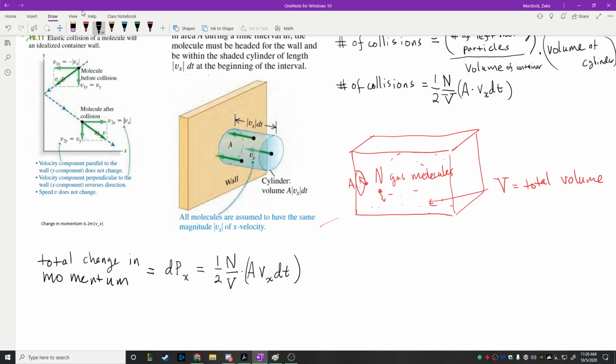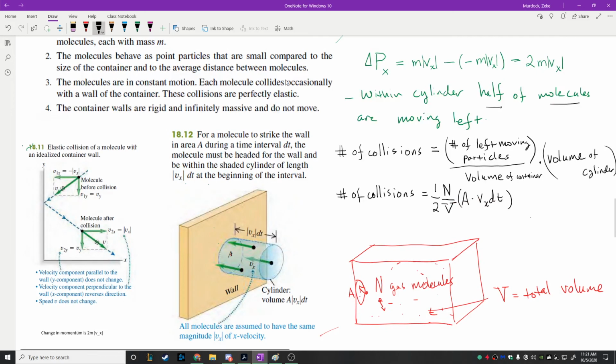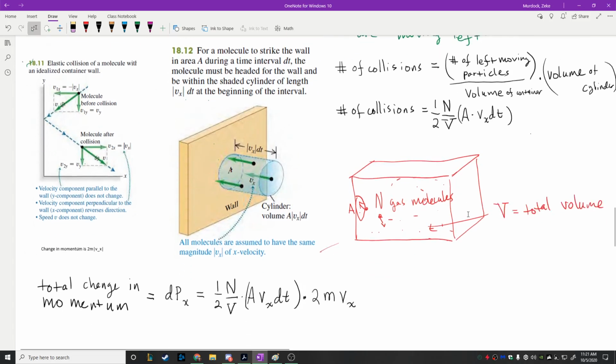So that's the total number of collisions with the left wall. And we need to multiply this by the momentum change for each collision, which is 2 times m times vx. I really should be putting absolute value signs in here, but hopefully it's okay if I write it like this. So that's the total change of momentum. We take the total number of collisions and multiply by the momentum per collision, and we get that expression.